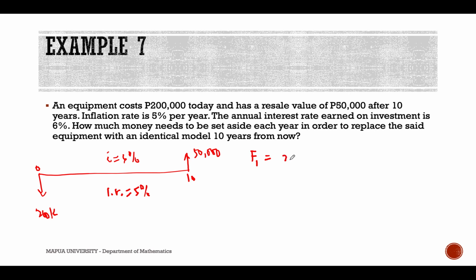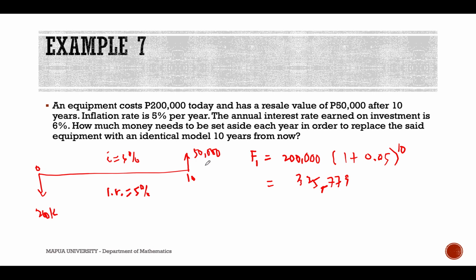So that will be 200,000 times 1 plus 0.05 raised to 10 years, and this gives you 325,779. So this will now be the cost of this equipment 10 years from now, with an inflation rate of 5% per year.